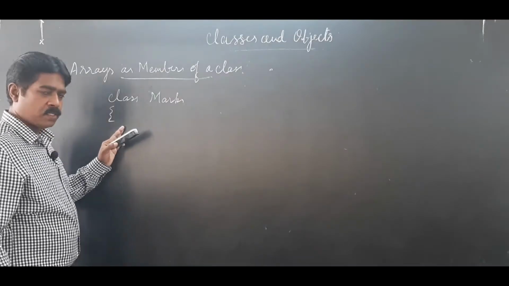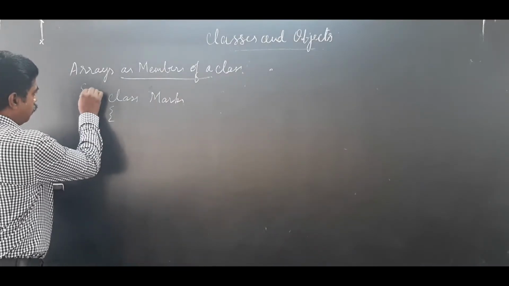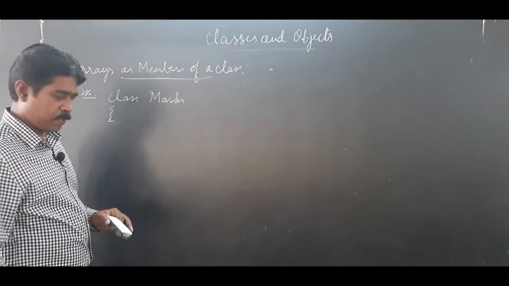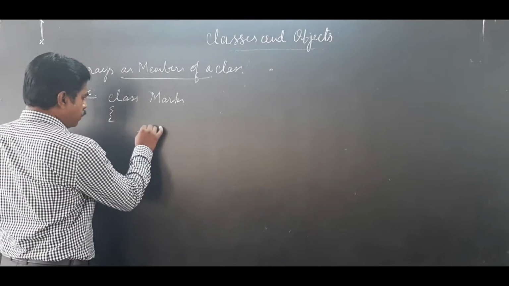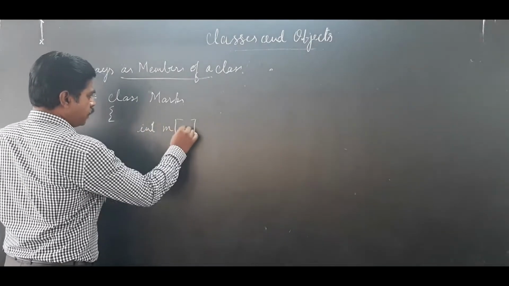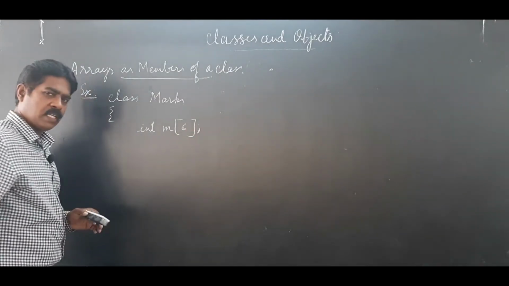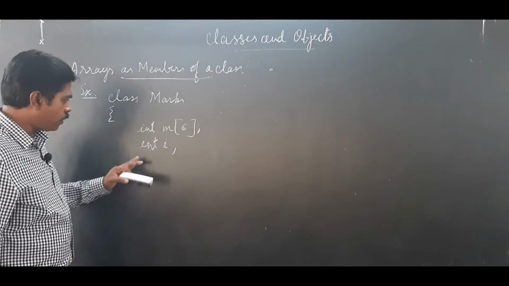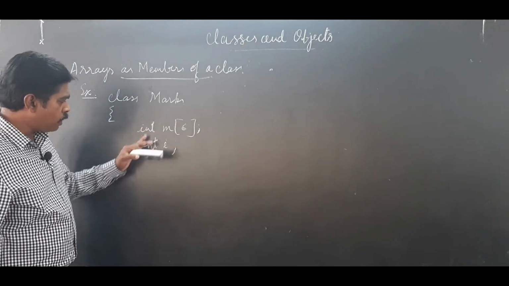So the example is class marks, open a flower bracket. Now we are going to write the members. So I'm going to take int m, m is our name, m of 6. We are going to take 6 subject marks. Int i, I'm going to take int i. Two members are here.